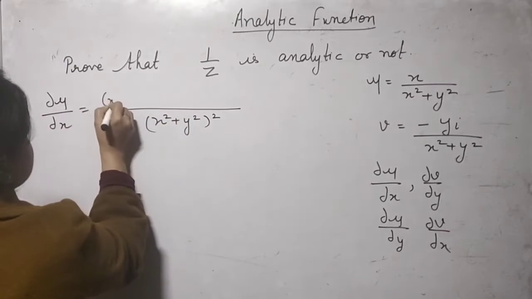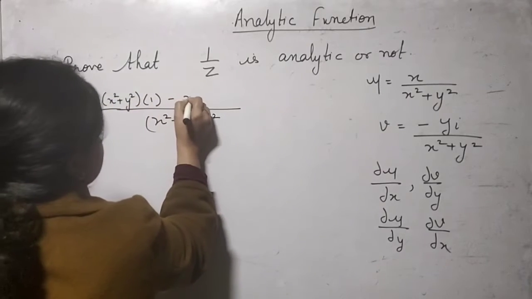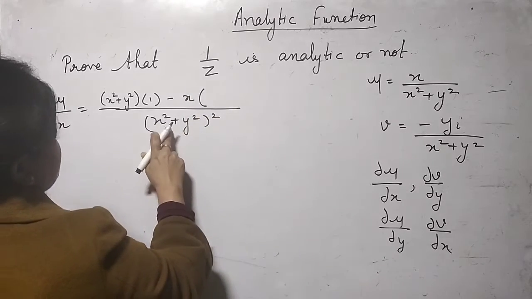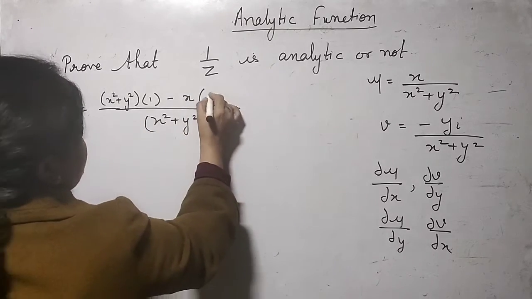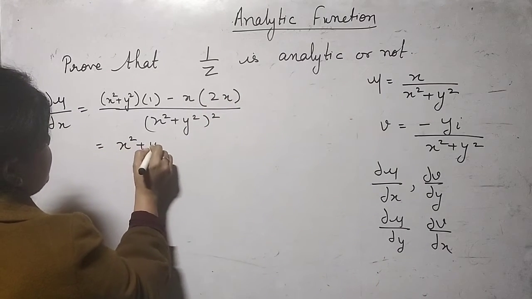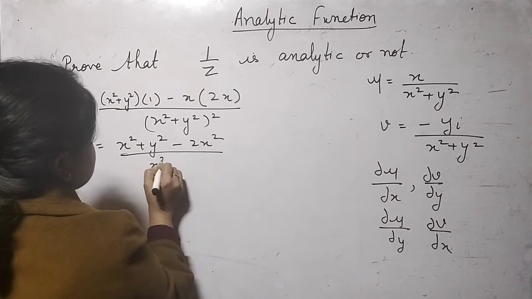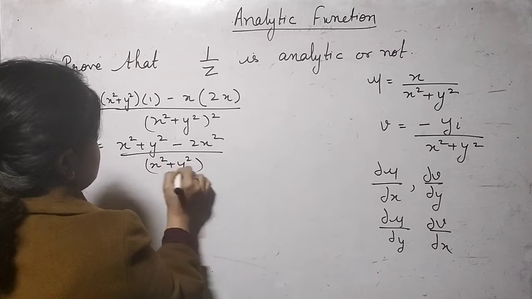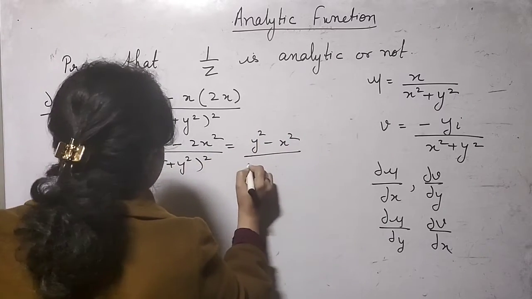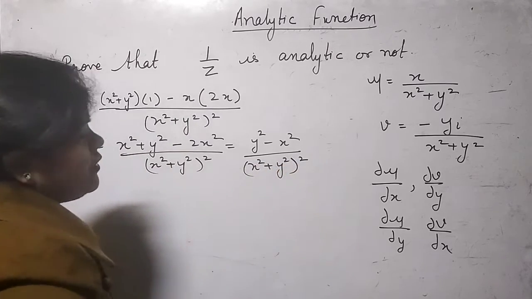Now here x square plus y square into 1 minus x into, when we differentiate x square plus y square in terms of x, we get 2x. So here we get x square plus y square minus 2x square upon x square plus y square whole square. So ultimately we get y square minus x square upon x square plus y square whole square for the du by dx.